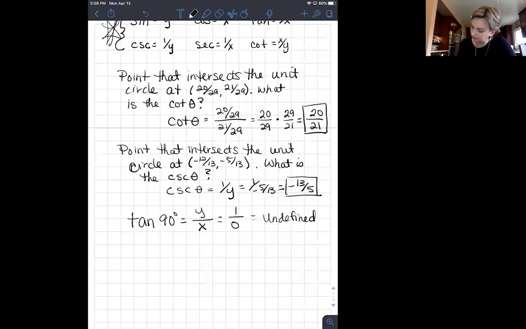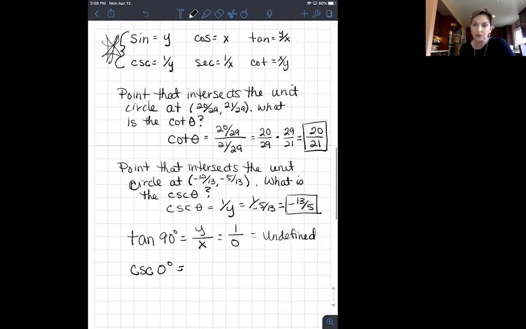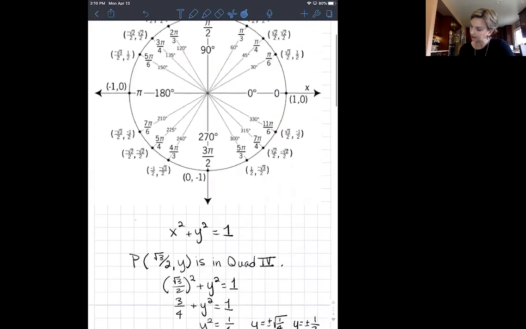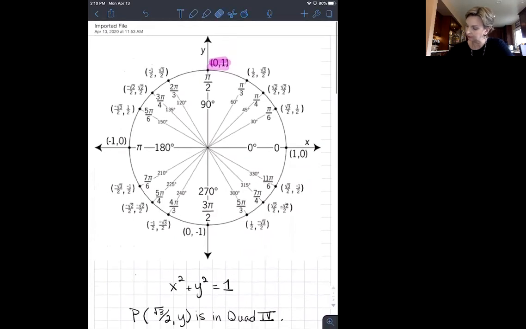Let's try another one. Let's try cosecant of 0 degrees. Cosecant is 1/y. Let's come back up to our unit circle and take a look at 0 degrees.